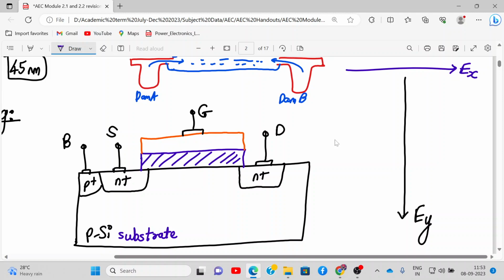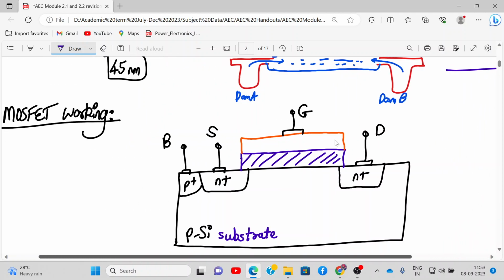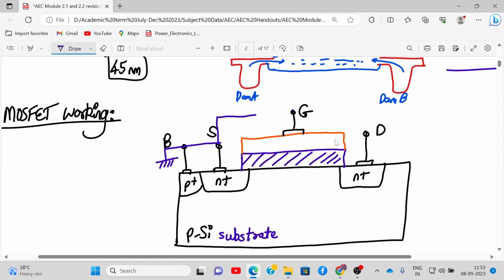Now tell me, which electric field will be active when? Whenever we apply a voltage between gate and source, body and source are connected to ground always. When I connect a positive voltage at the gate terminal, this is my VGS.